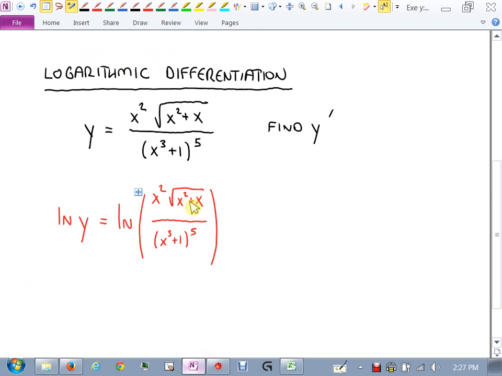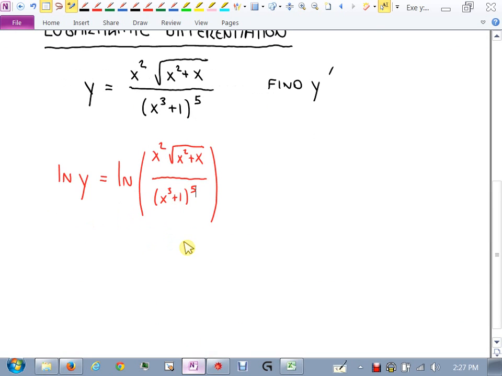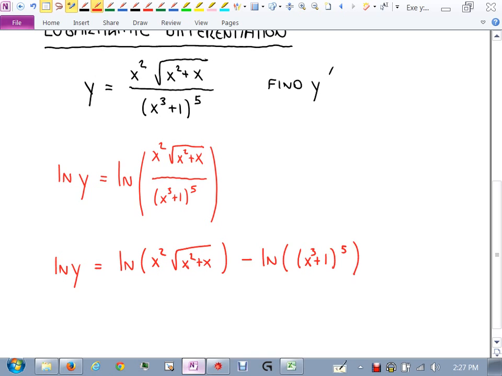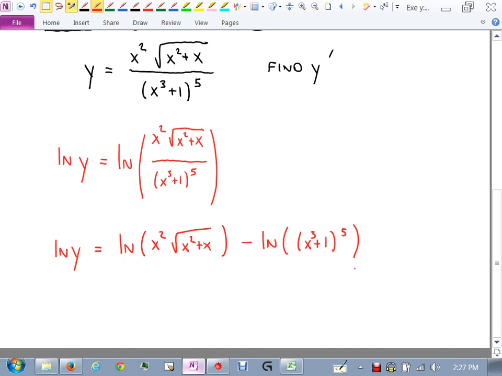I have natural log of a bunch of stuff divided by a bunch of stuff. So what I'm going to do is write natural log of y equals, I'm going to split it into 2 logs. Natural log of the top minus natural log of the bottom. Do you all agree with that?